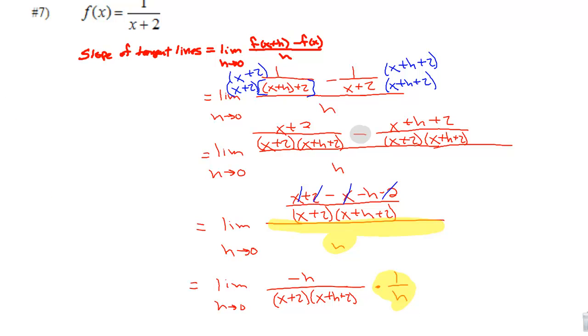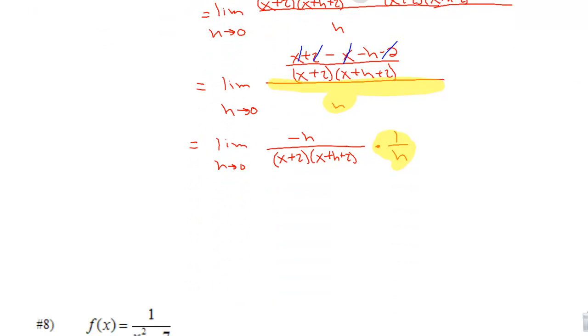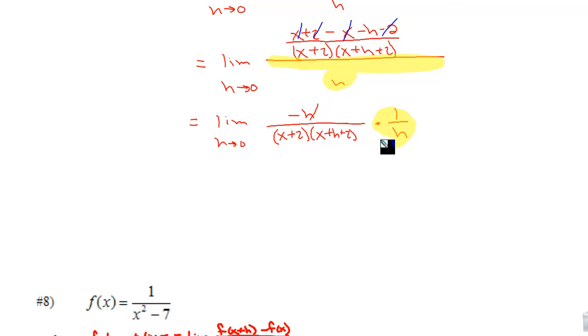Reciprocal of h is 1 over h. Cancel an h from the top and the bottom. It leaves the numerator a negative 1. So we have the limit as h approaches 0 of negative 1 over the sum of x and 2 and the sum of x and h and 2.